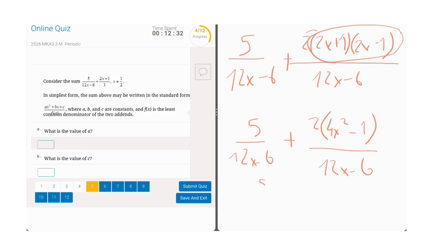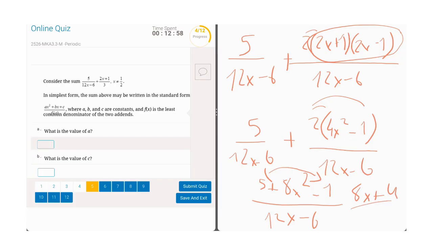Now we can rewrite this as 5 into, now we distribute as well, so we'll have 8x squared minus 1 over 12x minus 6. You can simplify 5 and 1. You will get 8x plus 4 over 12x minus 6.